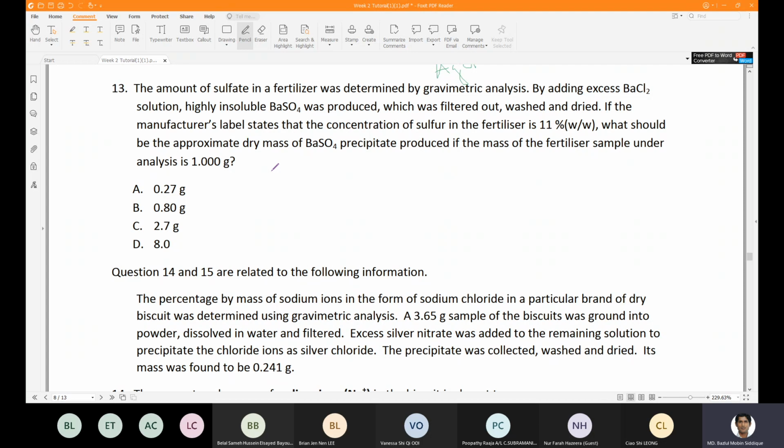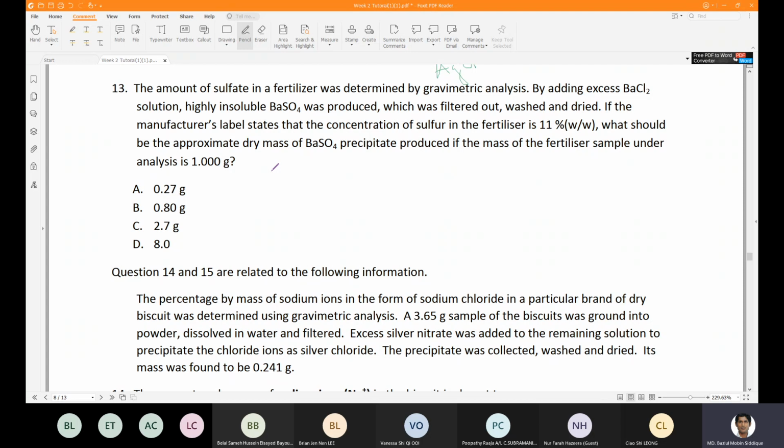In the aqueous medium of the fertilizer, we added barium chloride solution. So barium sulfate was produced, and then this barium sulfate was filtered out, and then it was dried and then weighed.